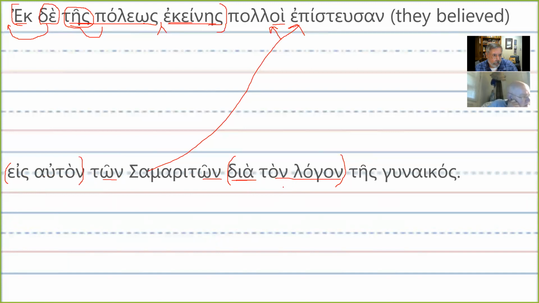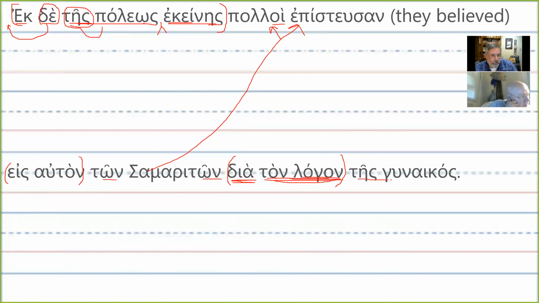Believed him. Ton logon. But where does the word logos? Well, here's logos right here. Yeah. It's an accusative. They believed him on account of ton logon. The word of a woman. The word of the woman.